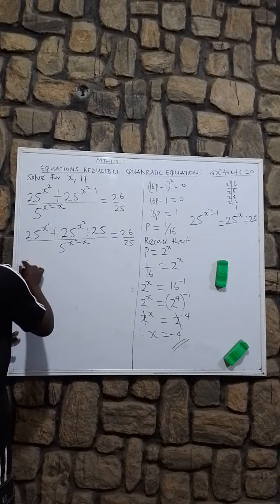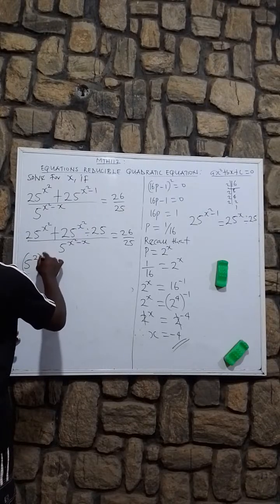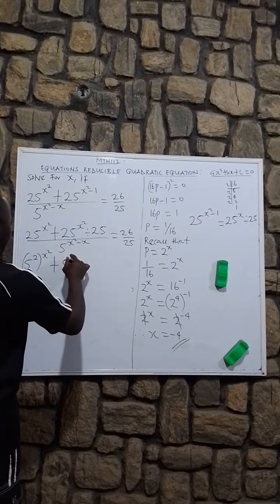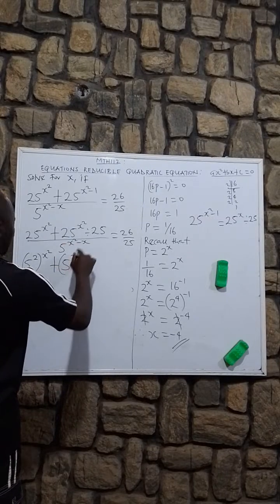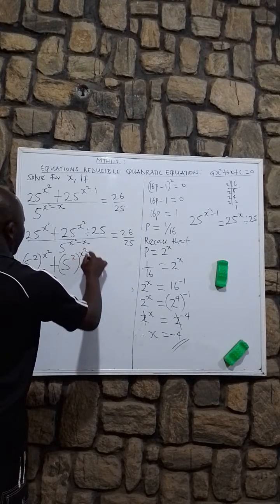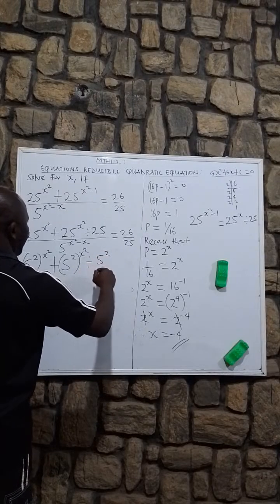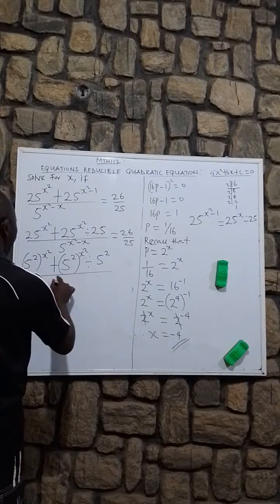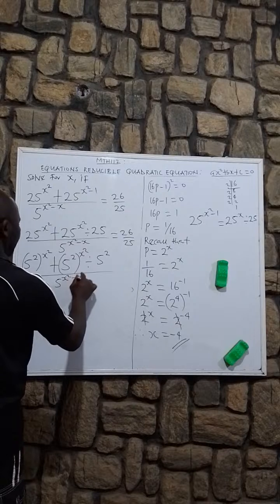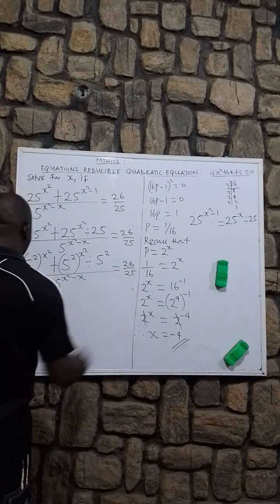So this is 5 raised to the power of 2, all in bracket raised to the power of x squared, then plus 5 raised to the power of 2, all in bracket raised to the power of x squared, divided by 5 raised to the power of 2, all over 5 raised to the power of x squared minus x, equals 26 all over 25.